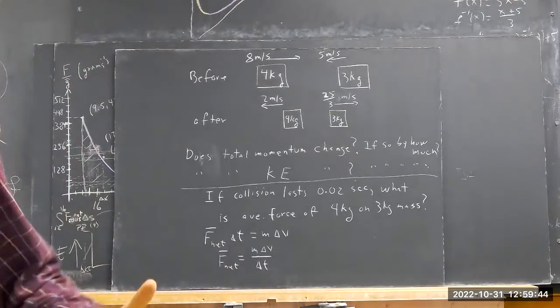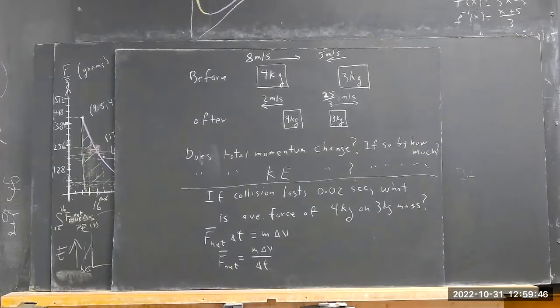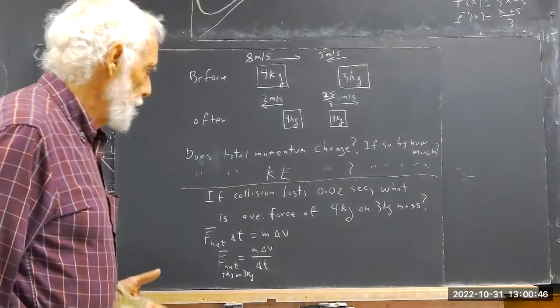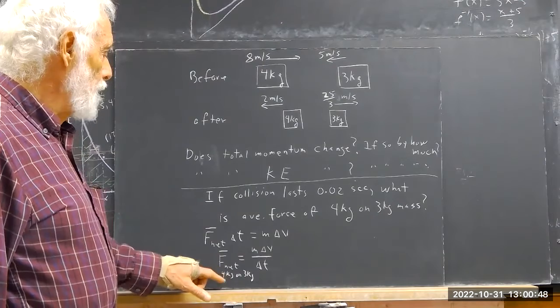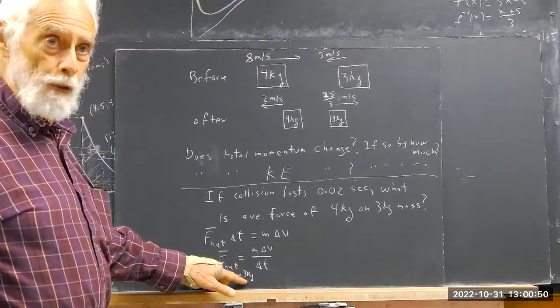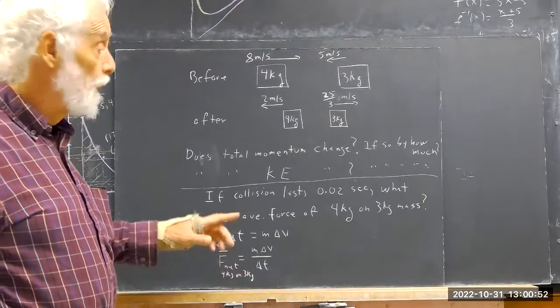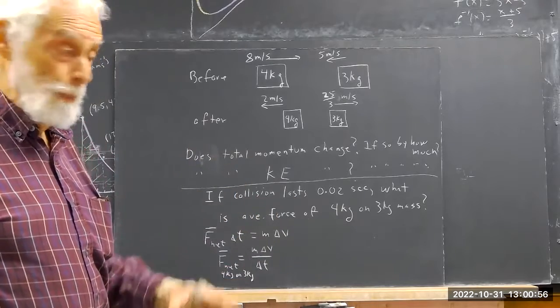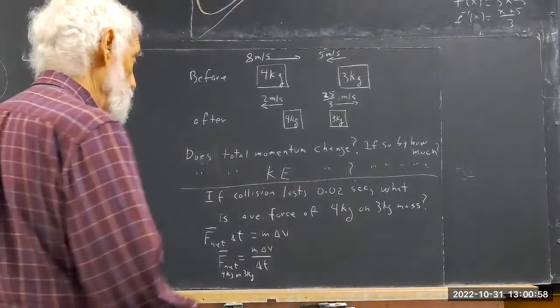So what's the mass? To answer the question, which mass are we going to use here? We're trying to find the force of the 4 kilogram mass on the 3 kilogram mass. So that's a force on the 3 kilogram mass. So we're going to use the 3 kilogram mass, the change in momentum of the 3 kilogram mass.